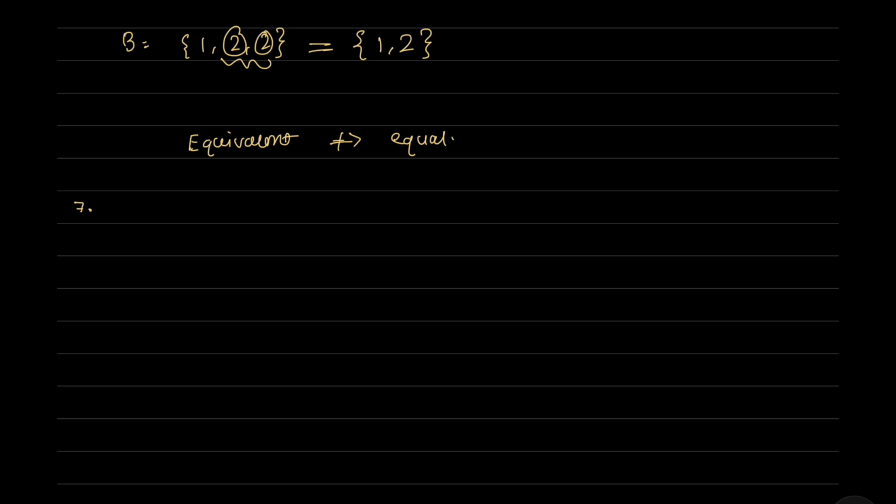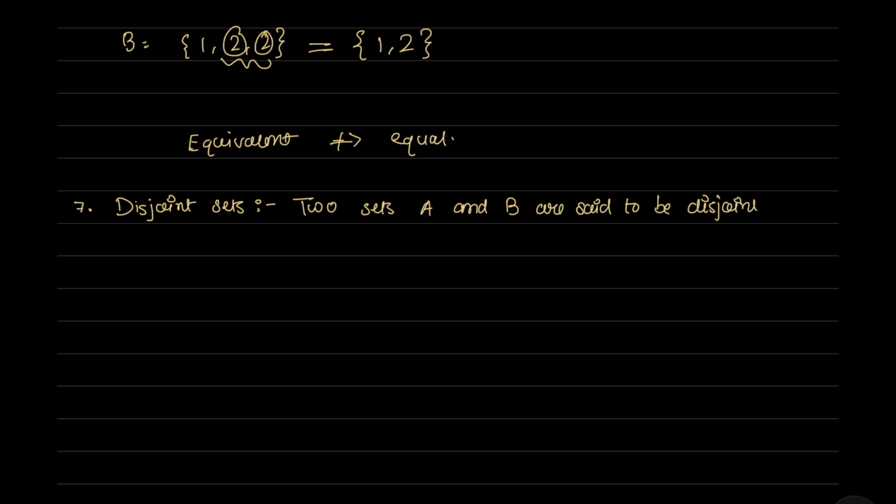Okay. Next type of set that we have to cover is disjoint sets. Two sets A and B are said to be disjoint if they have no elements common between them.